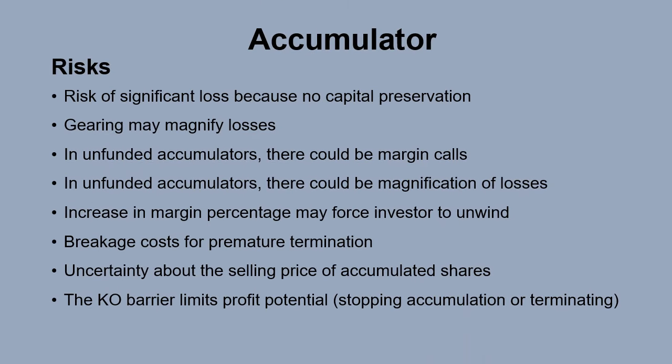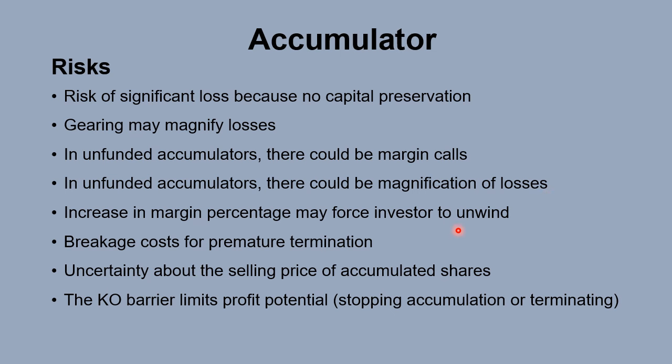Let's now discuss the risks involved in accumulators. Obviously, there is a risk of significant loss because there is no capital preservation feature. The gearing may magnify the losses. In unfunded accumulators, there could be margin calls. In unfunded accumulators, there could be magnification of losses. This is because of the margin payments.